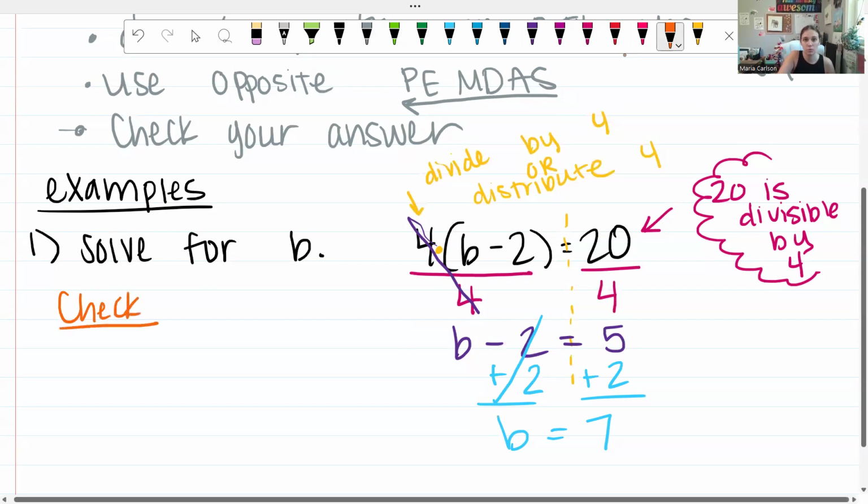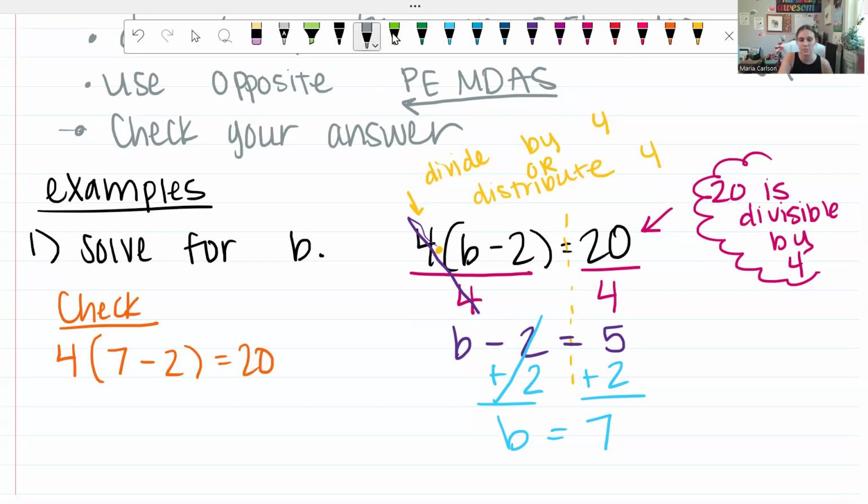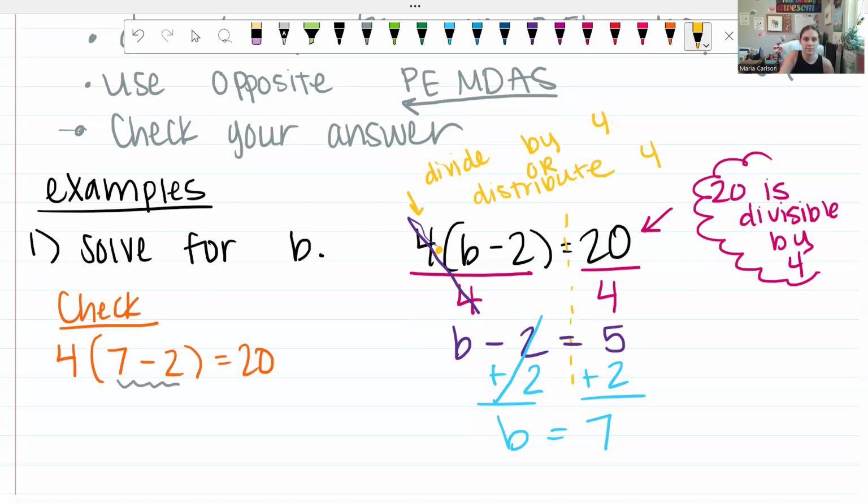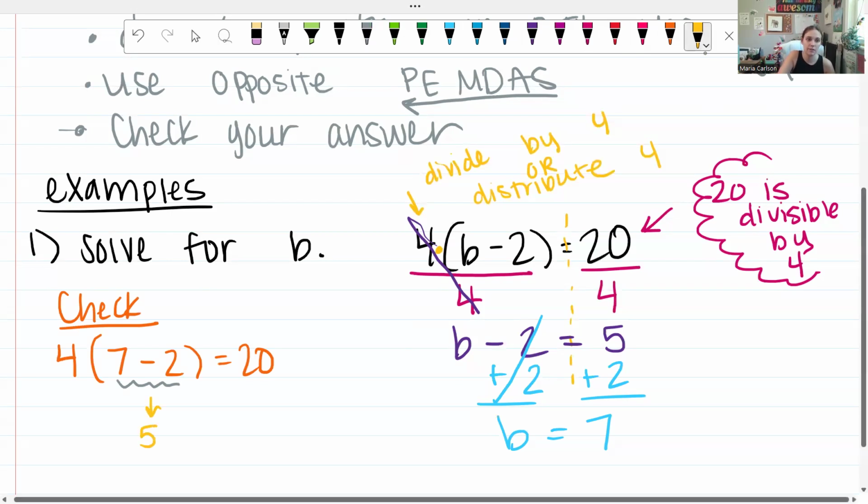So checking our work, we have our original equation was 4 times b we found to be 7 minus 2 is equal to 20. So using our order of operations now, 7 minus 2 on the inside gives us 5. So I have 4 times 5, which sure is 20.